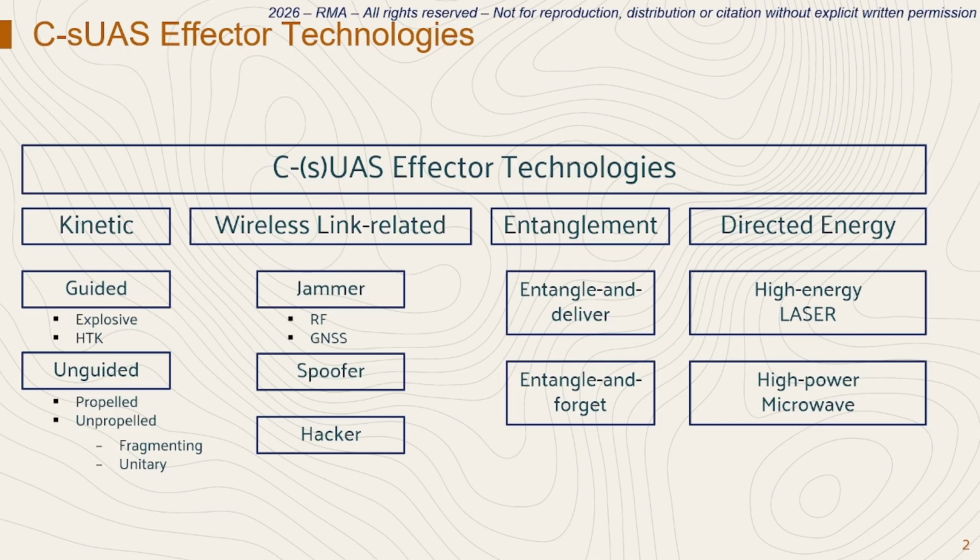When we look at the kinetic family, for the scope of this research, we are focusing on the unguided kinetic effectors. These can be unitary rounds, mostly small caliber rounds, such as a standard rifle bullet, for example, and fragmenting rounds.